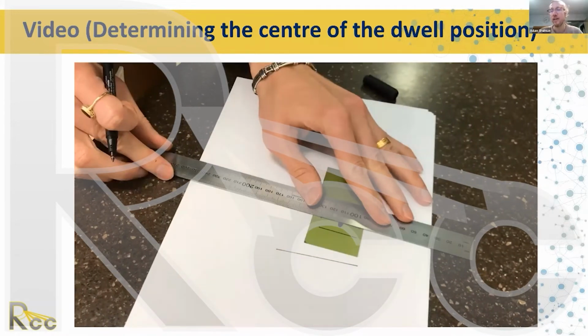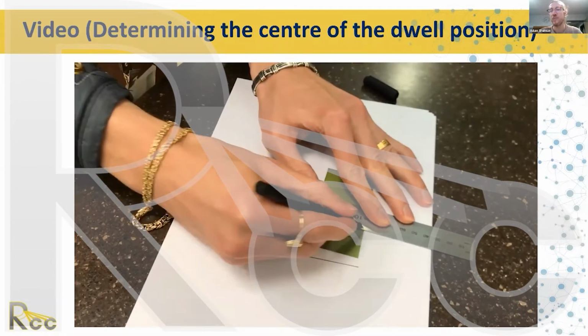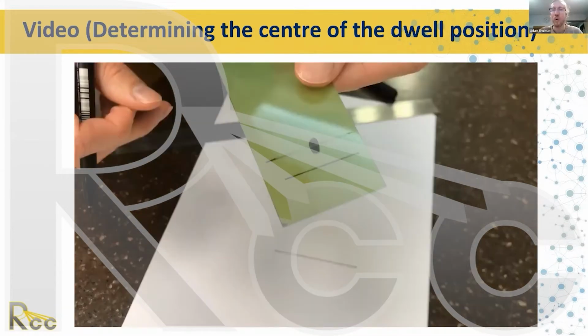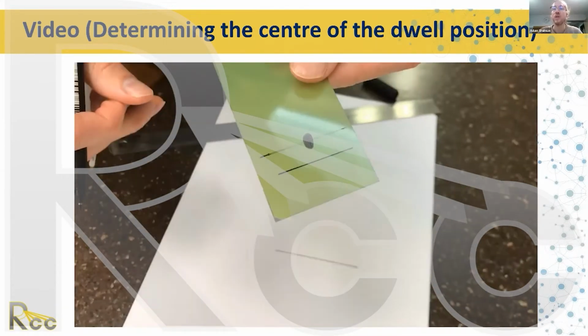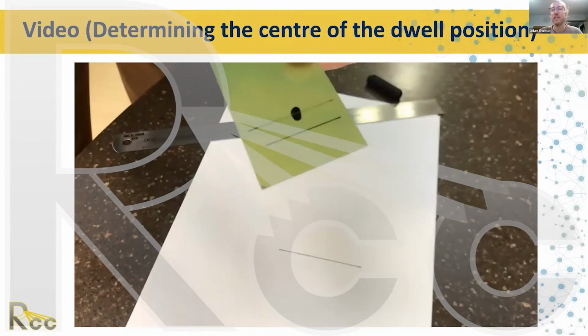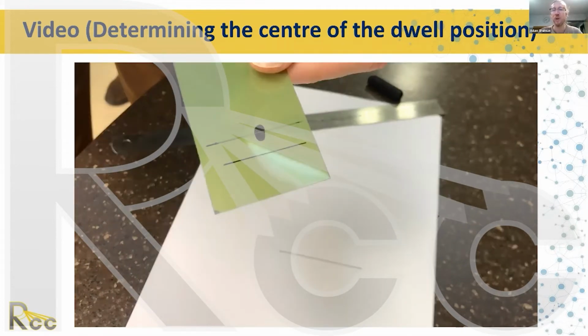You'll see that after doing that, you've got a line that's perfectly centered on your exposure. In this case it's quite easy, but when you start getting to rings where you've got lots of dwell positions and things are close to each other and there are lines everywhere on the paper, this is a really good way to be precise about how to exactly split that exposure on your ring measurement.